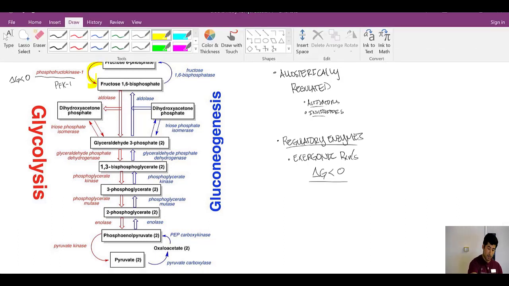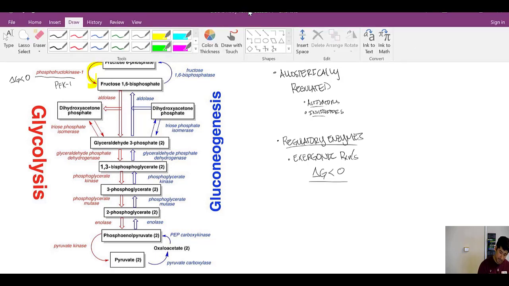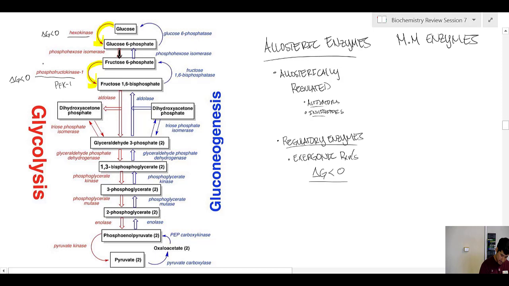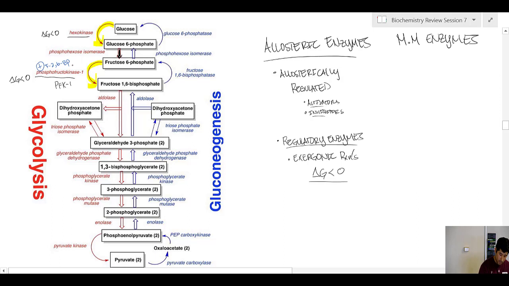Okay, because this is an allosteric enzyme, because this is a regulatory enzyme, phosphofructokinase 1 has allosteric activators and allosteric inhibitors. One allosteric activator that we talked about was fructose 2,6-bisphosphate. And one allosteric inhibitor that we talked about was ATP.